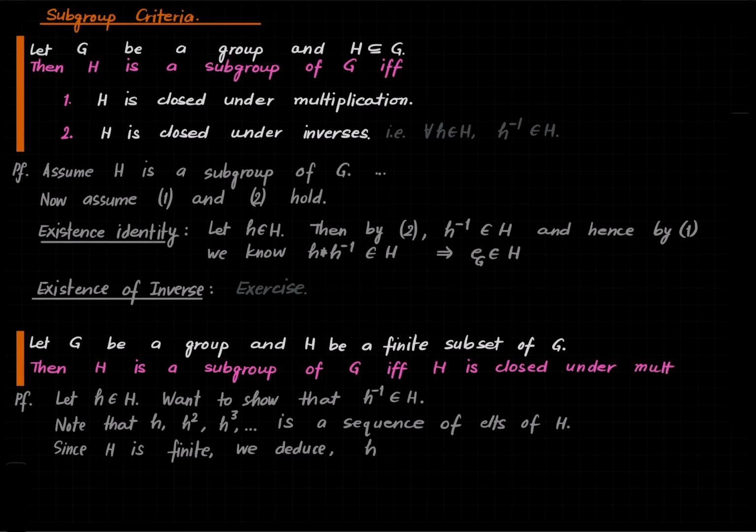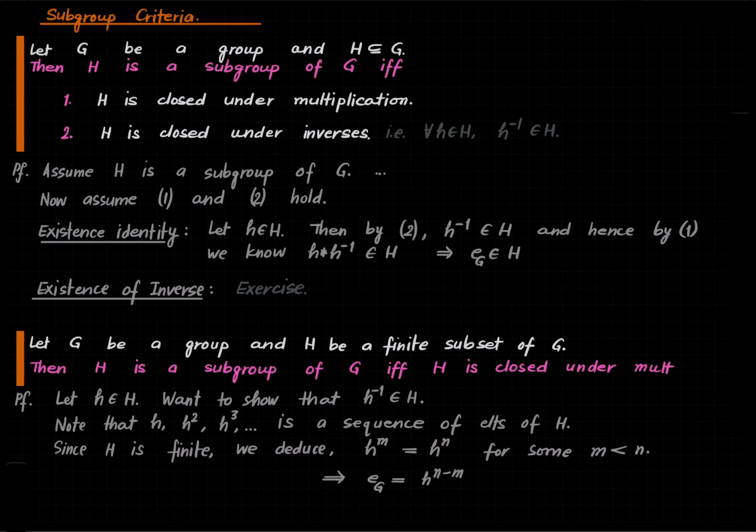that h to the power m should be equal to h to the power n for some distinct m and n, which I will write like this. One of them has to be bigger, so I will write n greater than m. And hence, by this equation, we get that e is equal to h to the power n minus m. This e is the identity of the group G. This equation immediately leads to that equation.